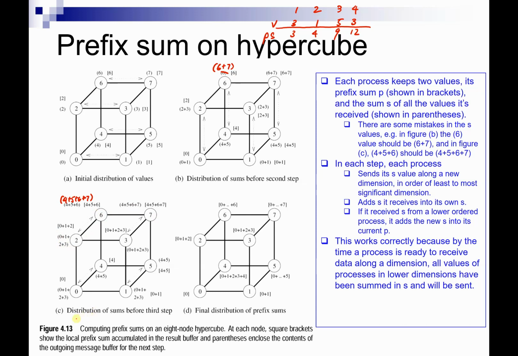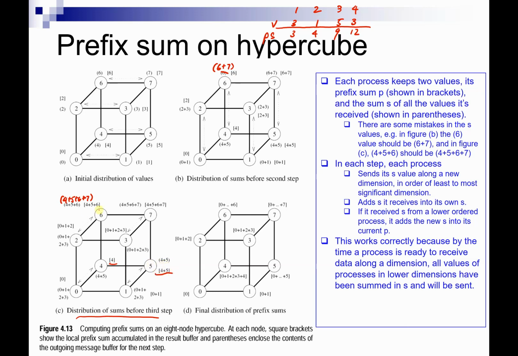So for example, at the start of this step, the processes in, let's say, the back phase, that's 4, 5, 6, 7, have already computed part of their prefix sum. For example, 4 has computed just a single value from its prefix sum.